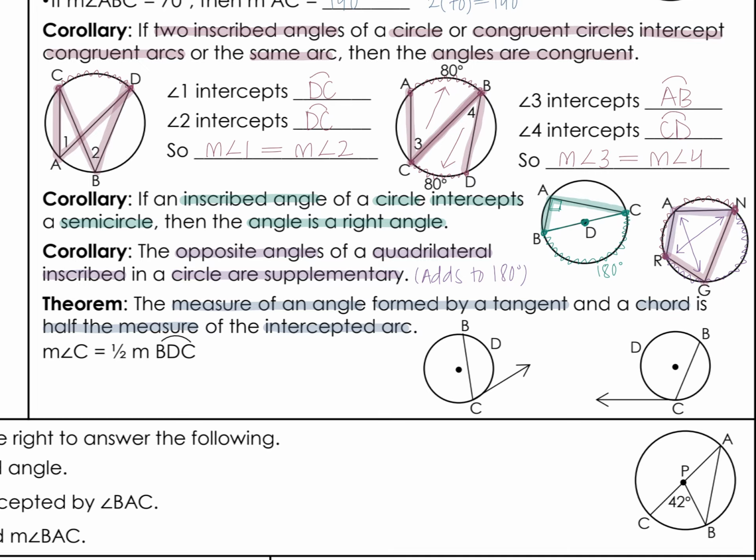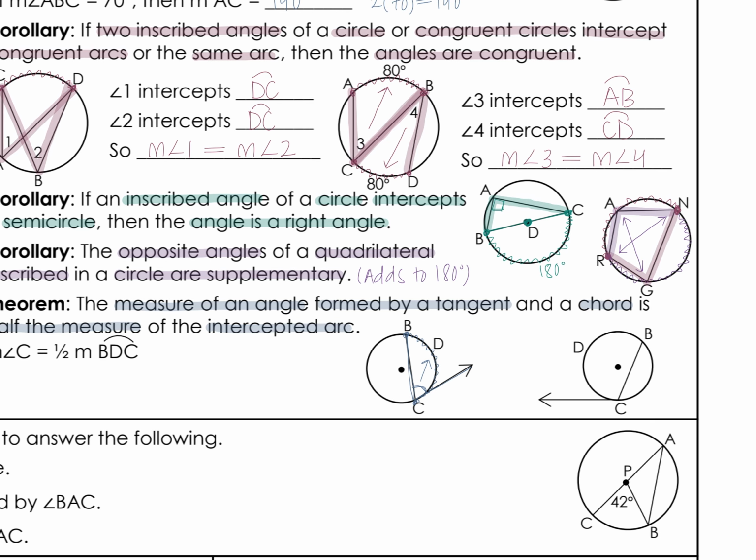So here, when we look at our chord and our tangent, this angle is just going to be half the measure of that arc BDC, starting at this endpoint and going all the way until that tangent line touches the circle.